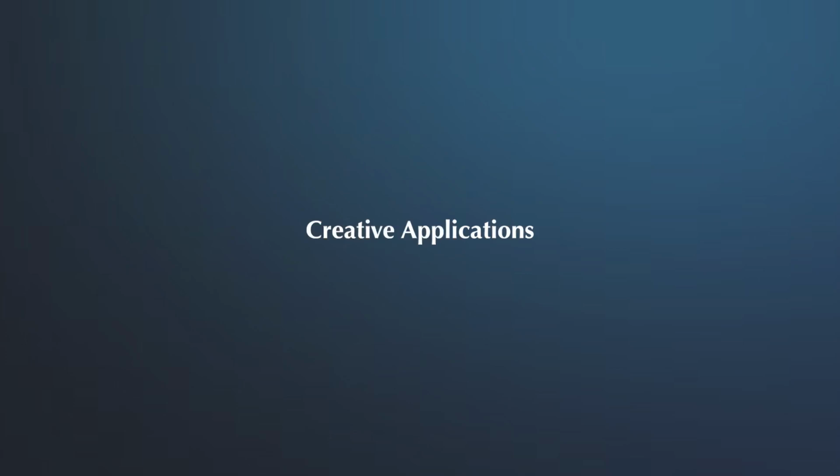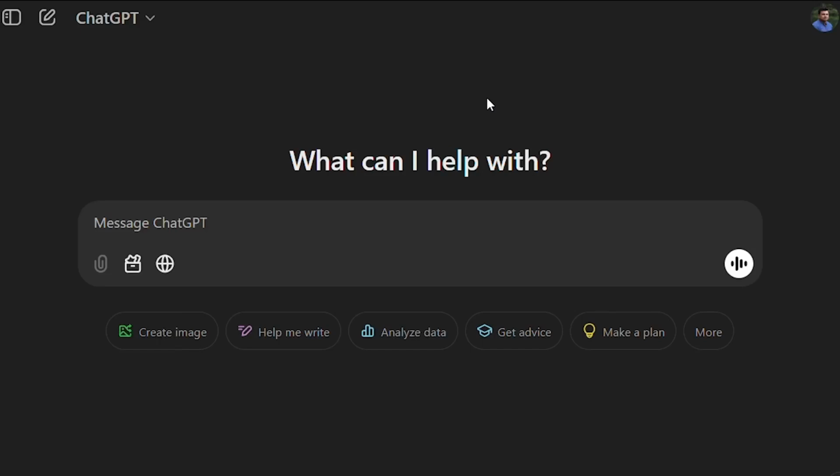Now let's explore how prompt engineering can be used for creative applications, such as generating stories or other forms of creative writing. Now let's talk about the example of story generation. Imagine you want to generate a short mystery story. The key to guiding the AI to produce an engaging and creative story lies in how you phrase your prompt. So let's write the prompt.